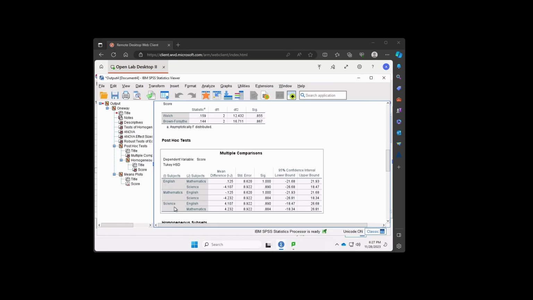To determine whether any of the differences between the means are statistically significant, compare the p-value to your significance level to assess the null hypothesis. The null hypothesis states that the population means are all equal.